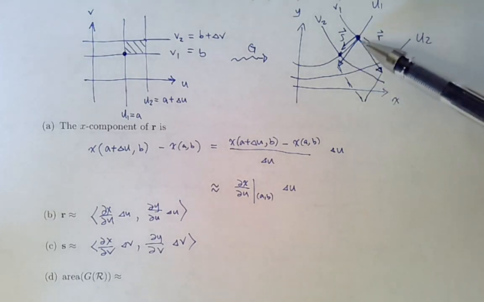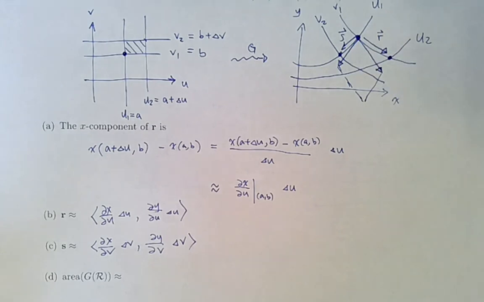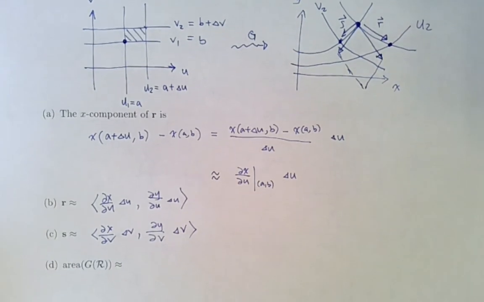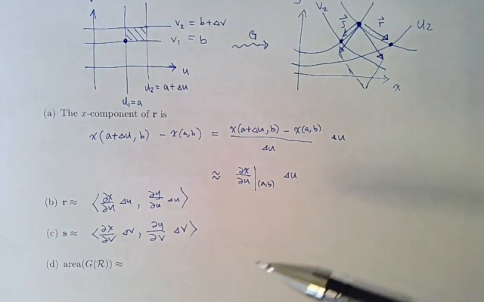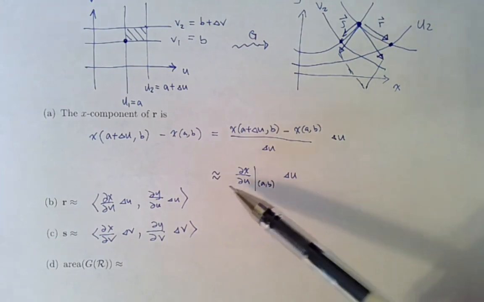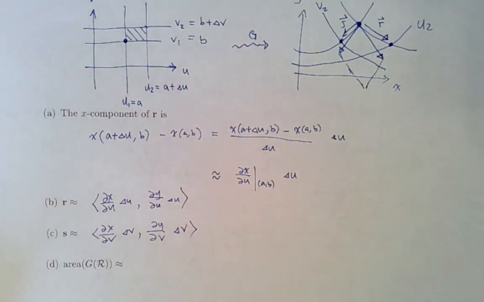But now I'm using an approximation of r and an approximation of s for the weird shape. So this is a lot of approximations. This is partly why I couldn't get you to do this yourself, because you wouldn't know how much approximation you could use. If I ask you for the exact amount, you can usually calculate it. But if I ask you for approximation, you're like, what should I approximate it as?